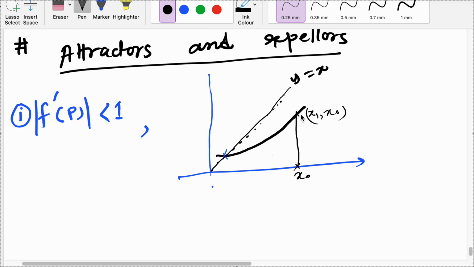Now to generate the second iterate, I have to create a point which is x1, x1. Now here this is my first iterate x1. Now this is my x2. This is x0, x1. Now here too we will go in this direction.